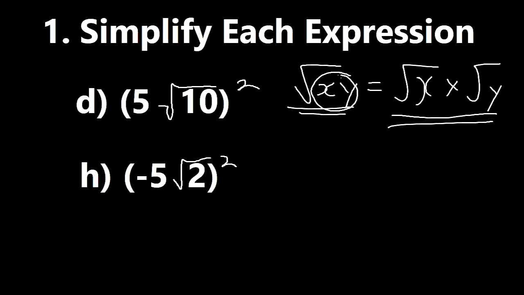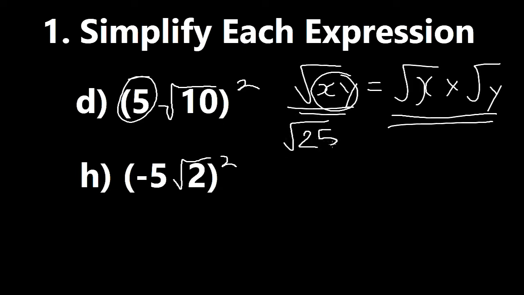So we can see that we have our y here, which is our root 10. So that's already in its root form. But this 5 is not quite in its root form. So how are we going to do that? To get 5 into its root form, we're going to want to square 5. So 5 times 5 is 25.